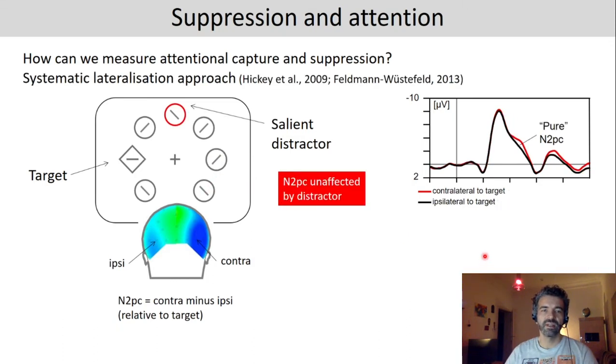So the N2pc elicited by the target can be isolated by presenting the salient distractor on the vertical midline. Because now all the negativity that we see here contralateral to the target must be due to the target. Because the lateralized ERP, the lateralized EEG signal, is blind to anything on the vertical midline.